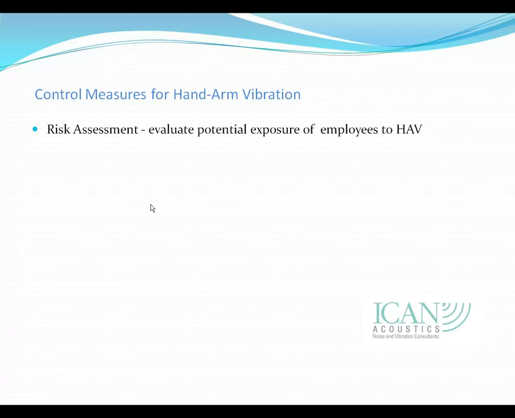You can look at alternative methods to be used. For example, is the method you're using the best method? Are there alternative methods? Does the process require the human interface? Is there another or a better way of doing it that can reduce the exposure to employees?